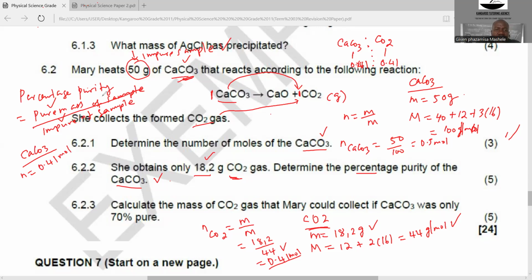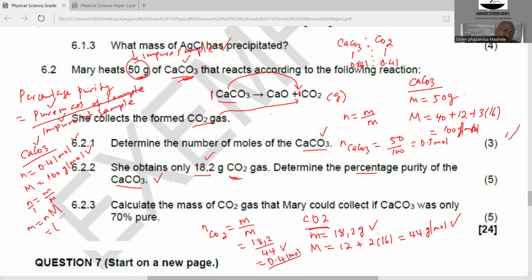And we want to know the mass, because the sample is written in terms of mass. So we calculate using the molar mass of calcium carbonate, which we have calculated here. It's 100. The number of moles is mass over the molar mass. Now we want the mass, so we cross multiply: the mass will be the number of moles multiplied by the molar mass.